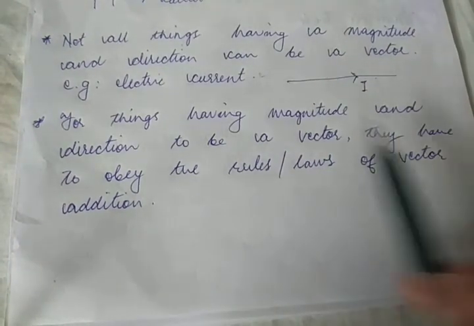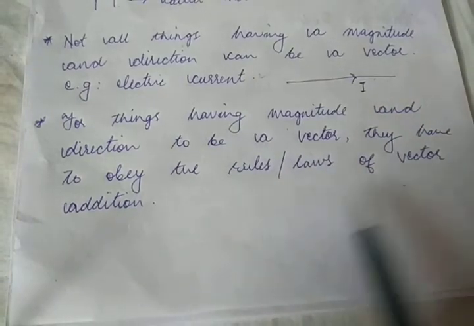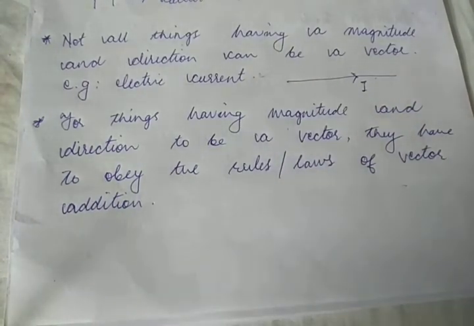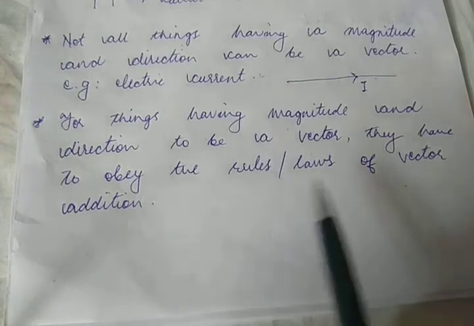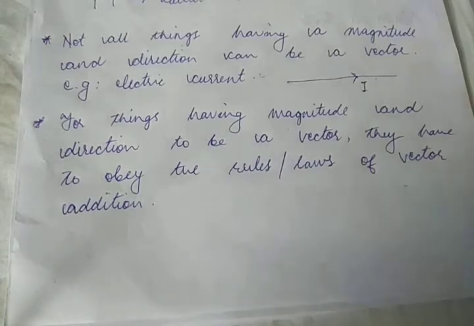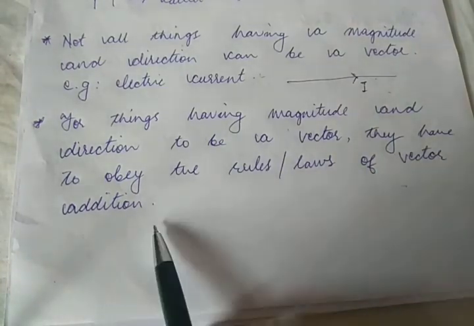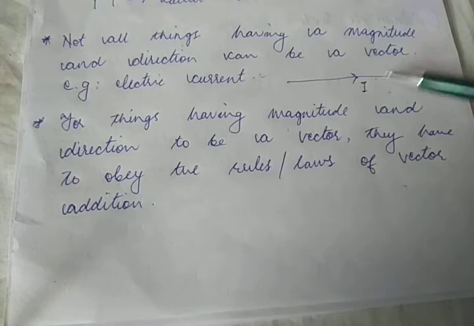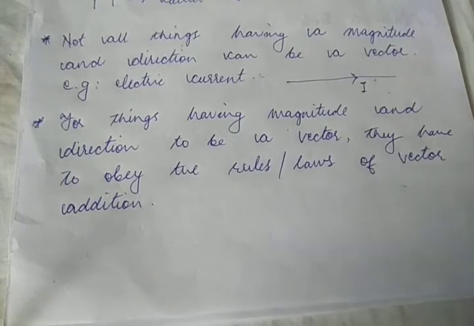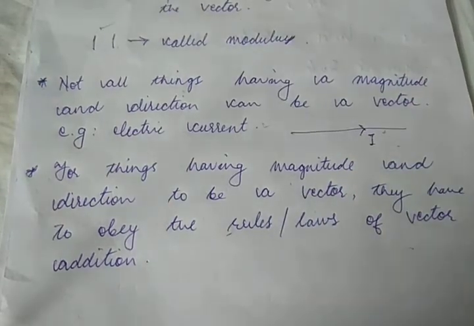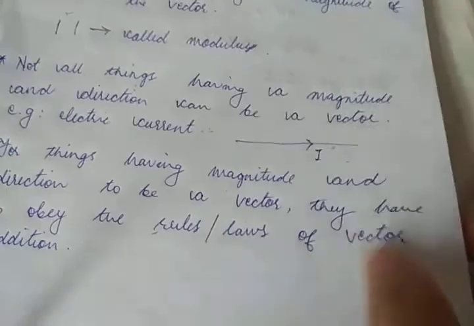Only when things having magnitude and direction abide by the rules of vector addition can that particular thing be considered a vector. Remember that. Since electric current does not comply with the rules of vector addition, although it has magnitude and direction, it cannot be considered a vector. So these two are points that you need to remember.